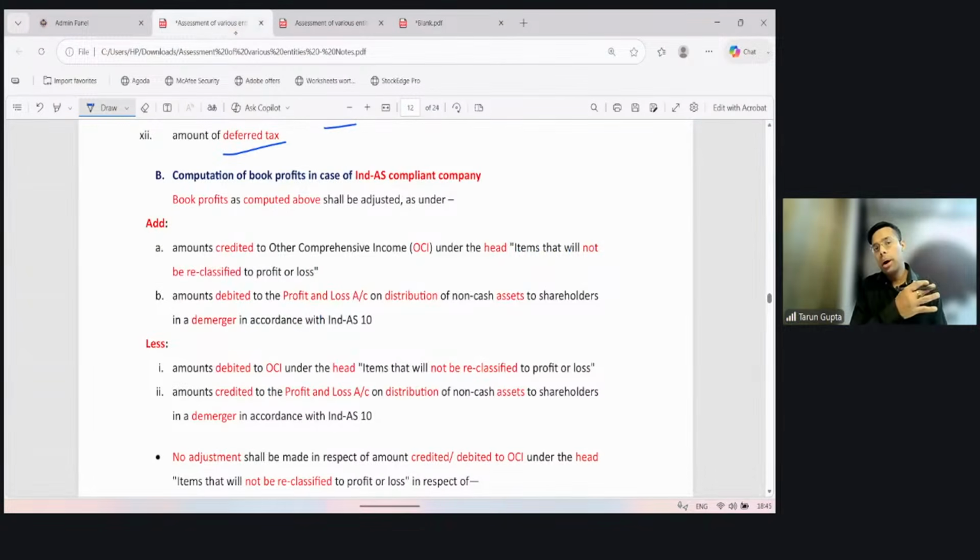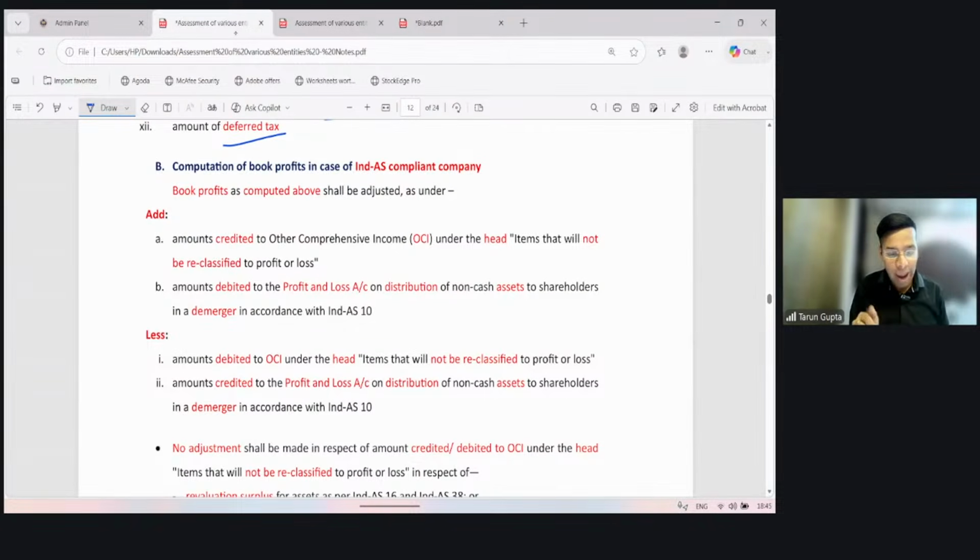So if you are an Ind AS compliant company, then in addition to the above, which we discussed, you have to do some more adjustments. The book profit as computed above shall be adjusted as under. You have to add amount credited to the OCI, other comprehensive income, under the heading items that will not be reclassified to P&L.